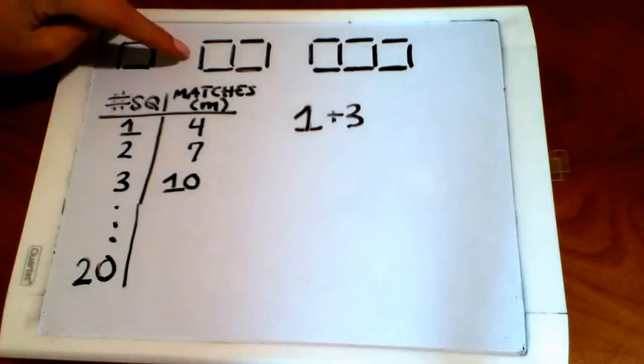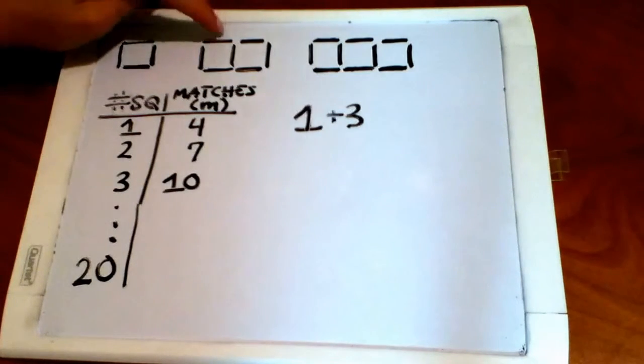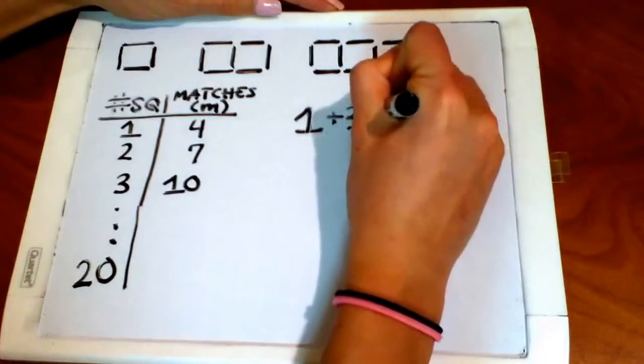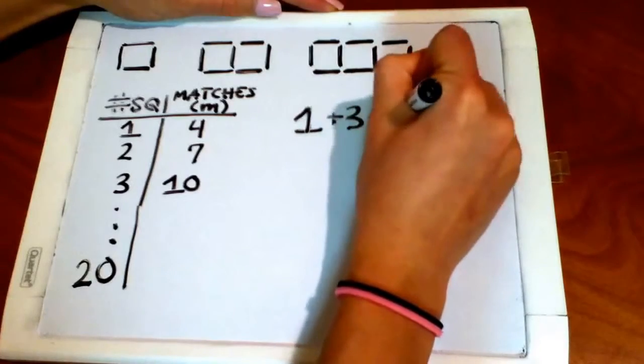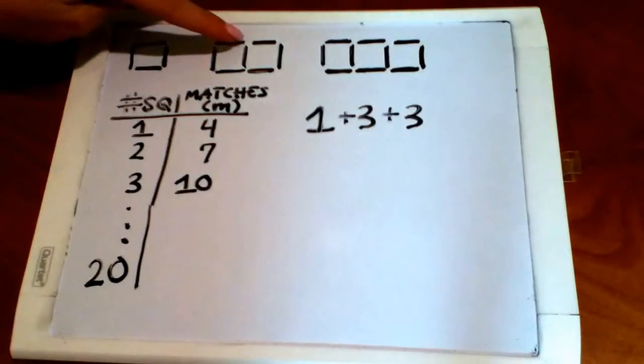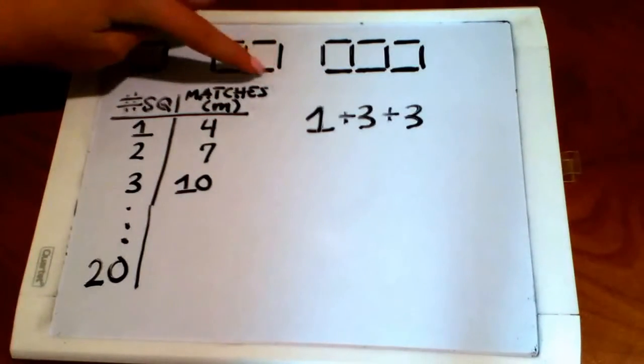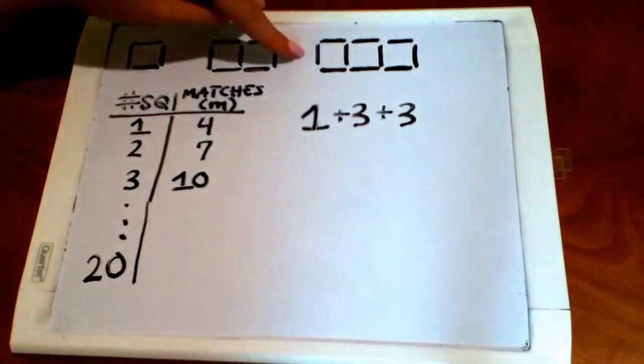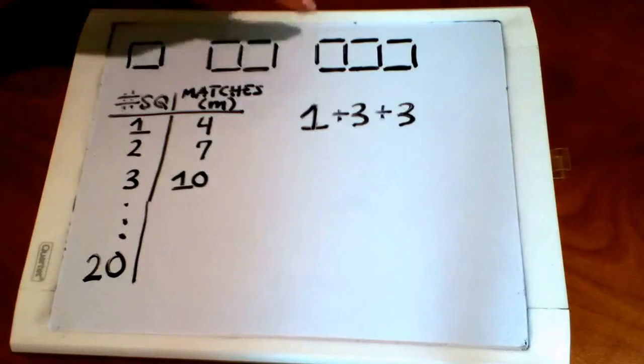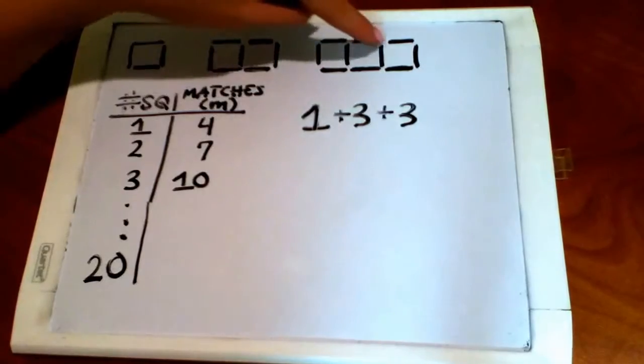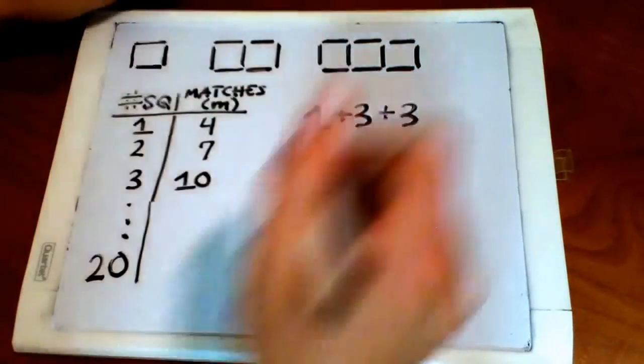When we have 2 squares, we have 1 match plus 3 plus another 3. For the third group of squares, it would be 1 plus 3 matches plus 3 matches plus another 3 matches.